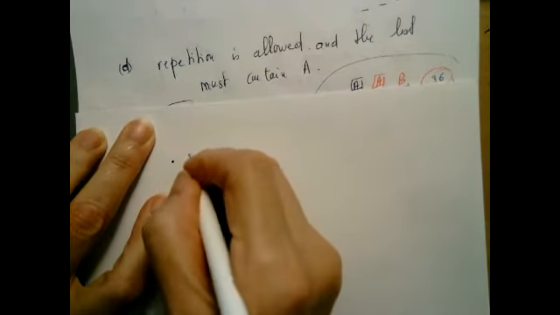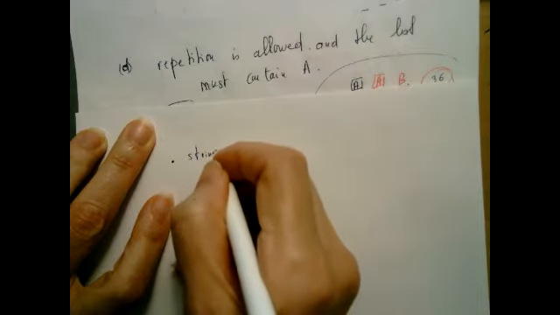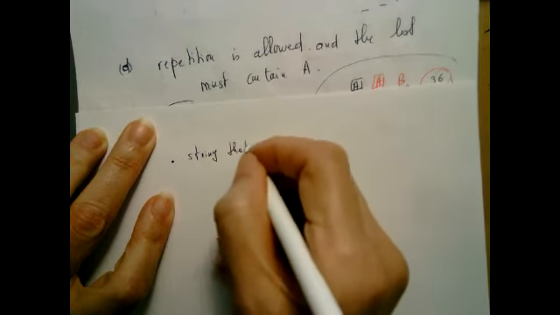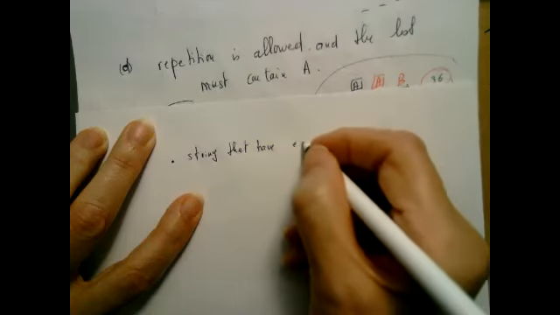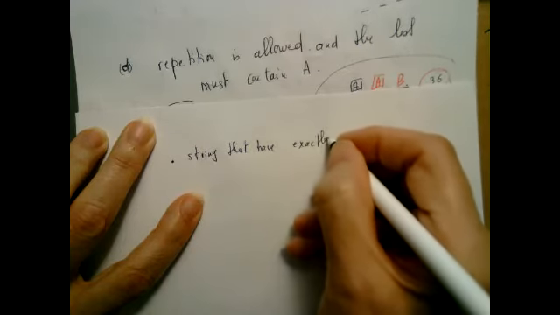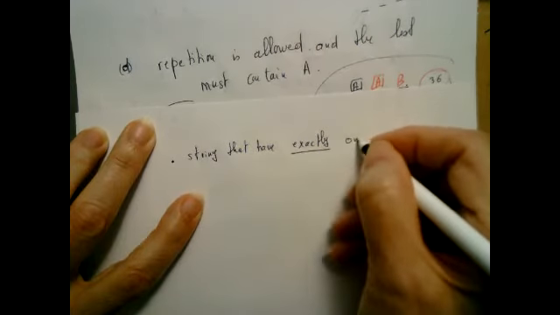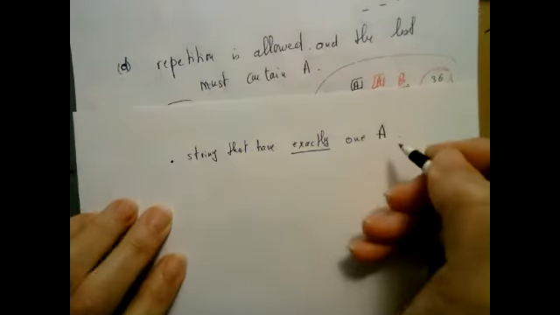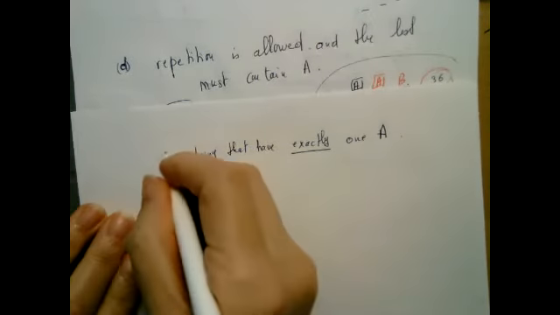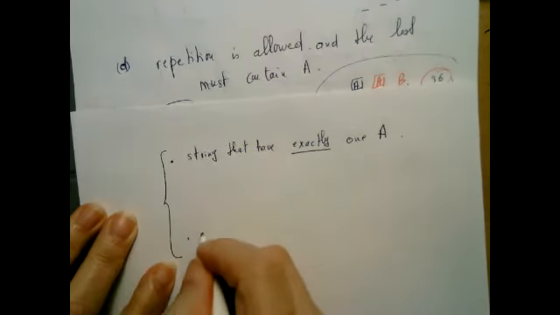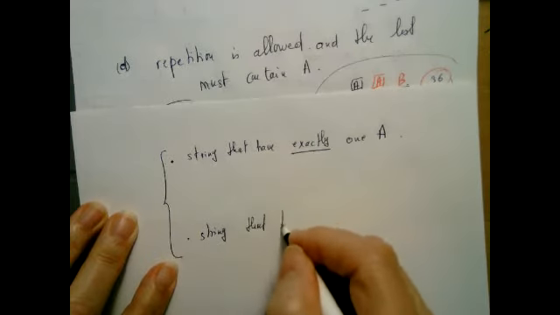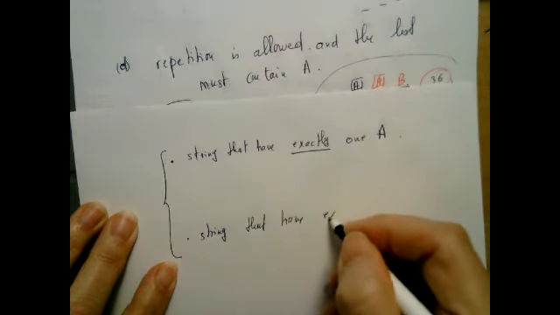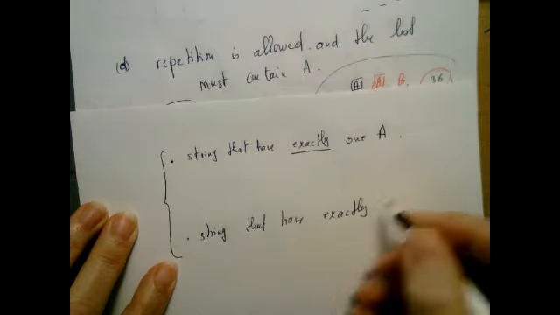First, I'm going to take all the strings that must contain A, that have exactly 1 A. And then I'm going to take all the strings that have exactly 2 A's.